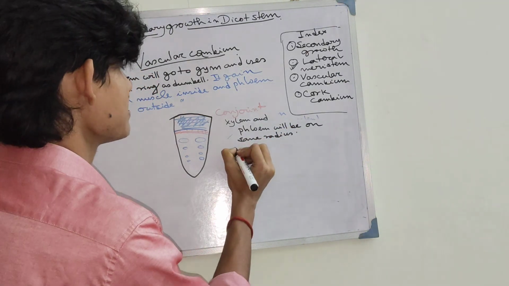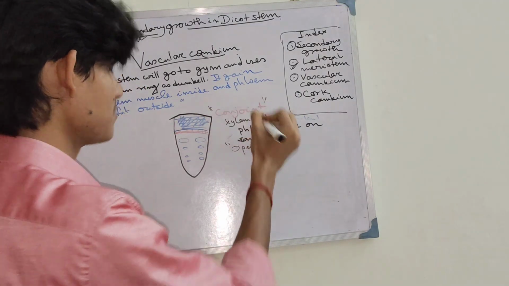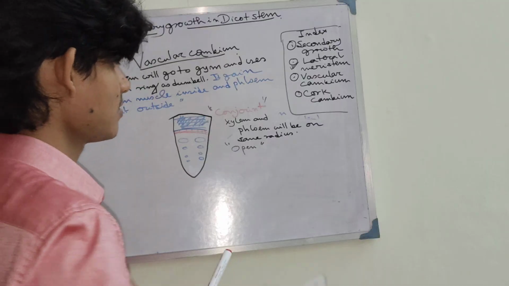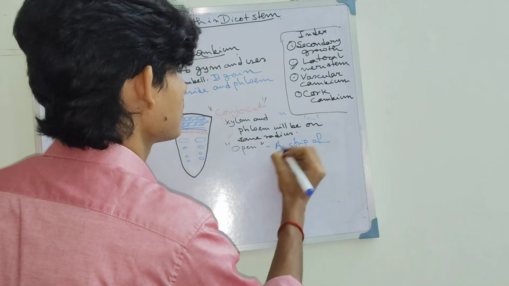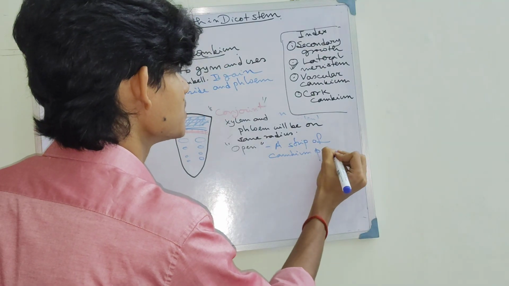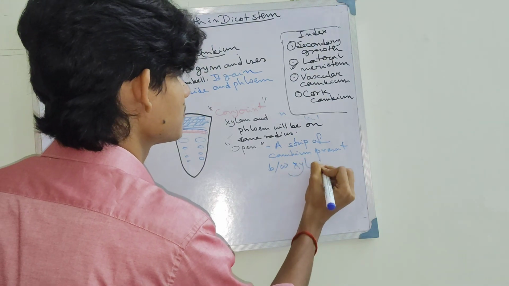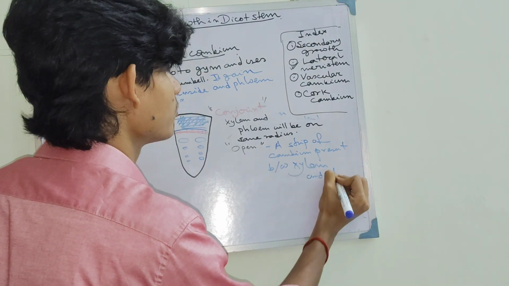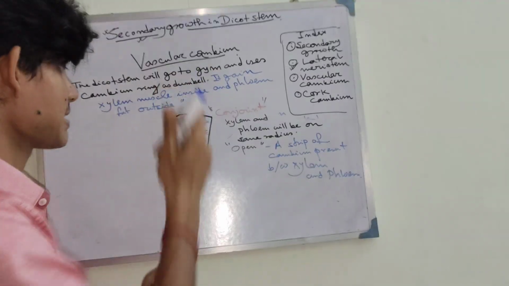And open type means a strip of cambium is present between xylem and phloem. It is very important to remember this to understand the secondary growth.